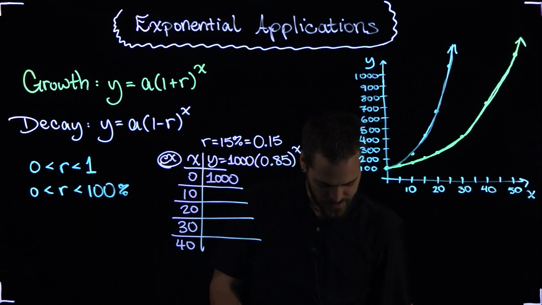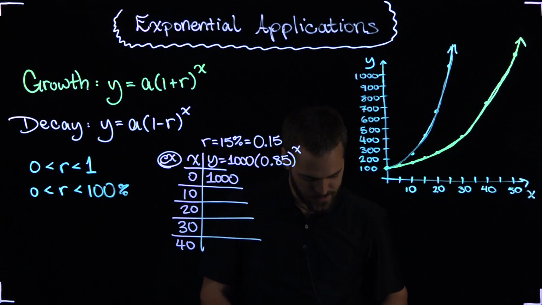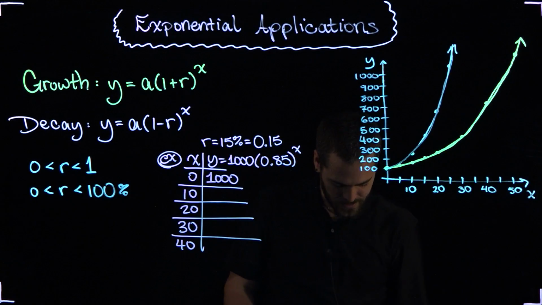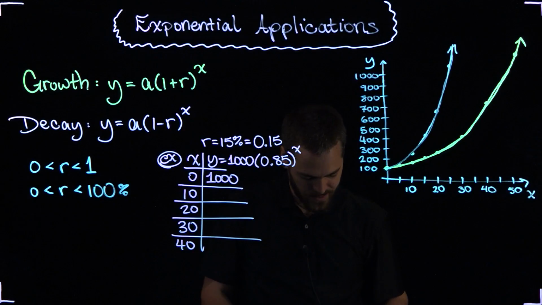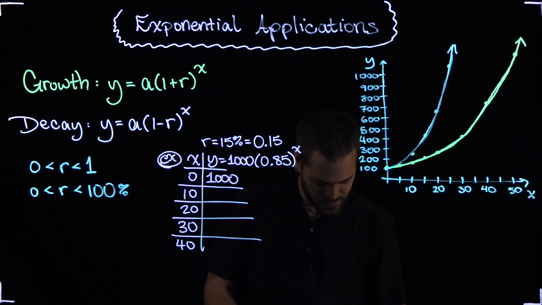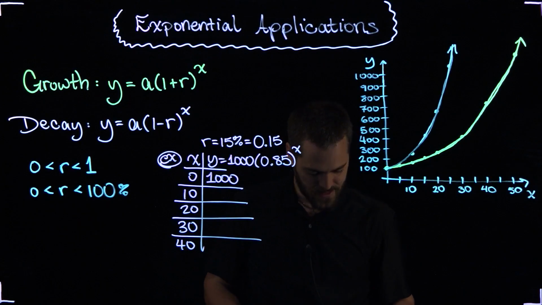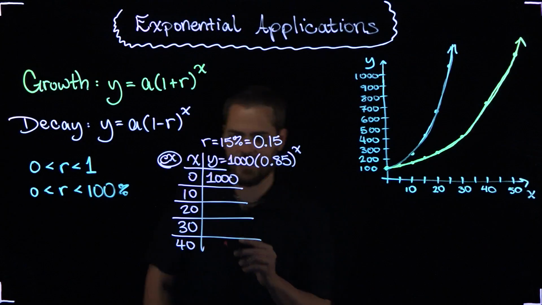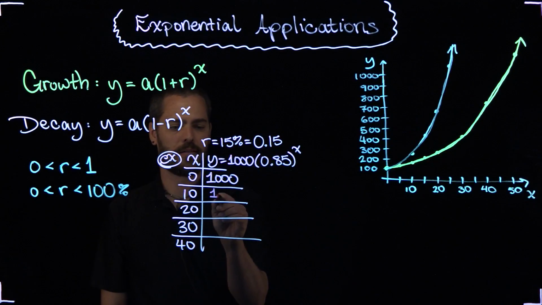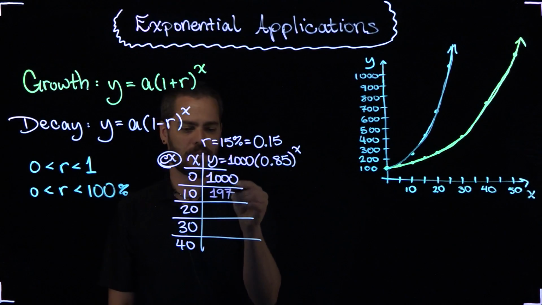And I already have this in my fancy calculator. I'm totally cheating. So let's see, 10 years. It looks like we're down quite a bit. Let me do 5 years. 5 years, we're down to about 444. Since I didn't write it down, I'll go up to 10. 10 years is about 197. Wow, that's crazy. From 1,000 to 197.